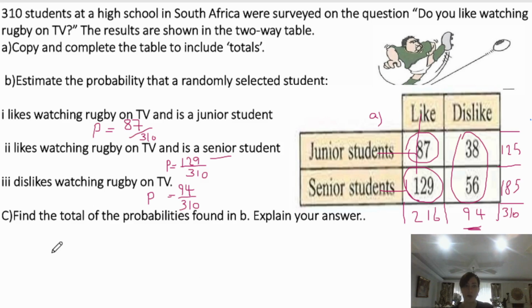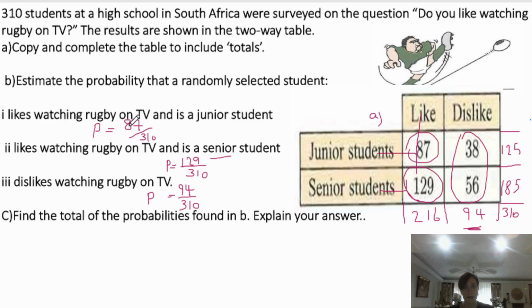I will go for part C. Part C says find the total of the probabilities found in part B. Explain your answer. I want to show you all these probabilities cover all the students at the school. So I will go for part 1.